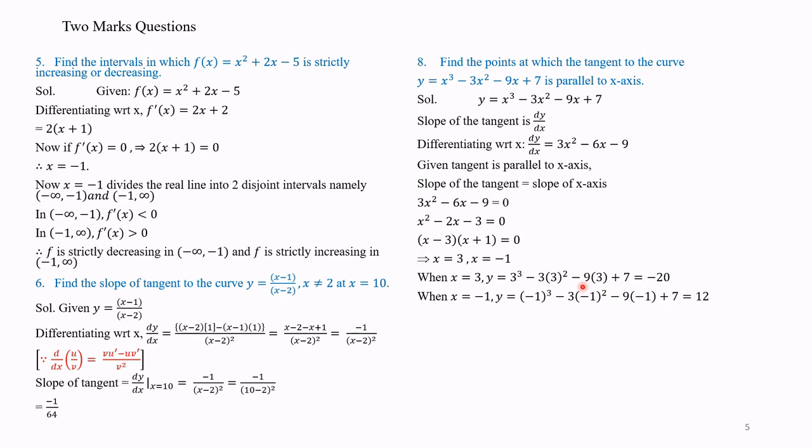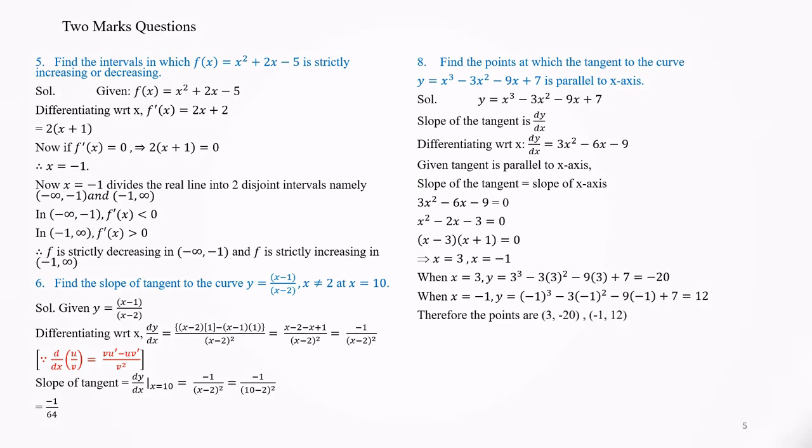Similarly, the second value of x is minus 1. We substitute x is equal to minus 1 in the given equation. We get y is equal to 12. Therefore, the points are 3 comma minus 20 and minus 1 comma 12. That is the answer.